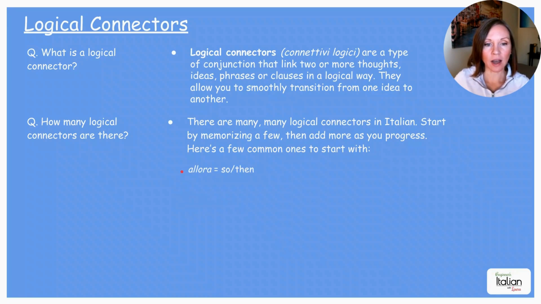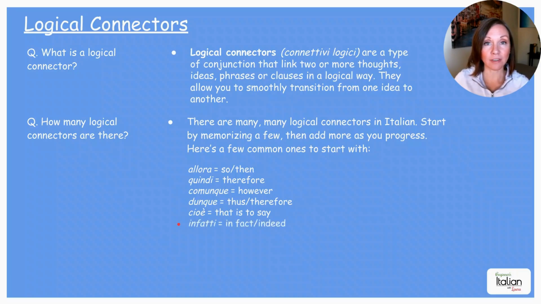We have allora, means so or then. Quindi, therefore. Comunque, however. Dunque, thus or therefore. Cioè, that is to say. Infatti, in fact or indeed. Così means so. Se means if. Perciò is so or therefore.